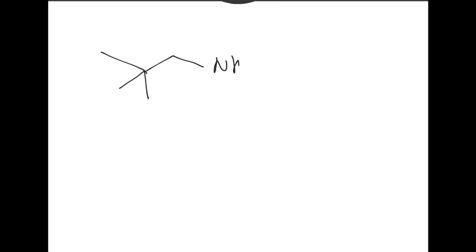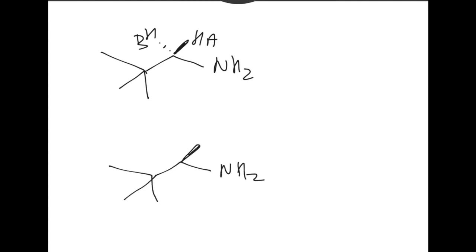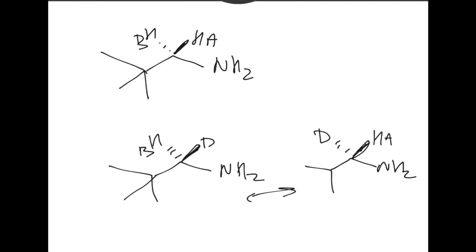When I change HA and HB to deuteriums, these 2 molecules are enantiomers. So changing A and B makes enantiomers. That means they're enantiotopic.